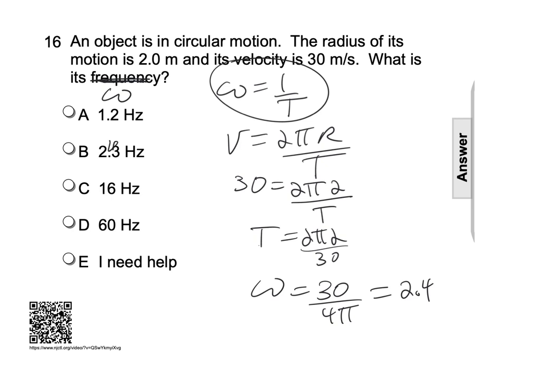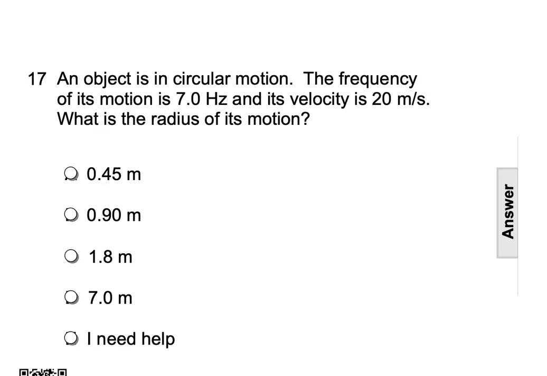So really, this should be 2.4. They didn't round it properly. And that would be revolutions per second, which is the same thing as a hertz if you're talking about circular motion. So these are basically the same things.